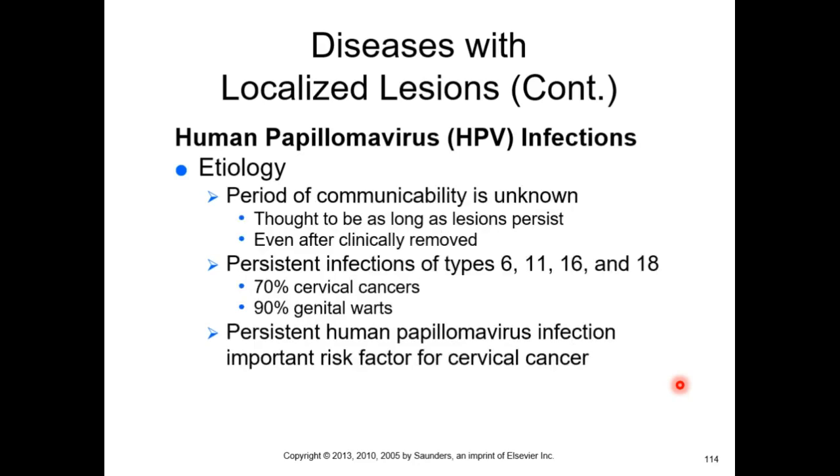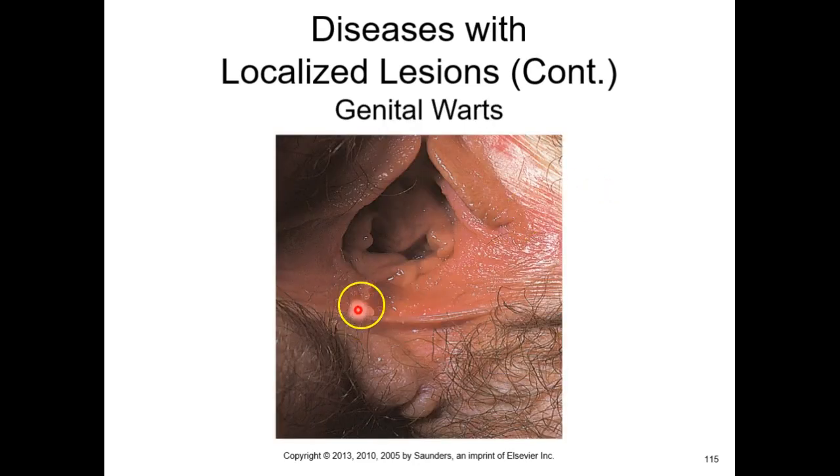And let's see, period of communicability is unknown. We don't know if you have to actively have warts that are shedding virus in order to communicate the virus. Probably you do. And we're just talking about the little bumps over here. Not these guys. That's not the same.